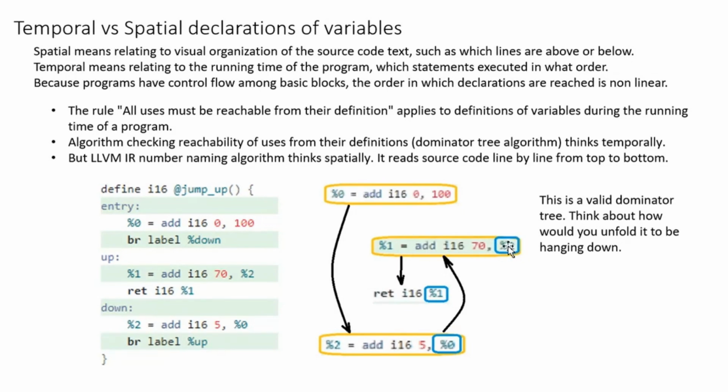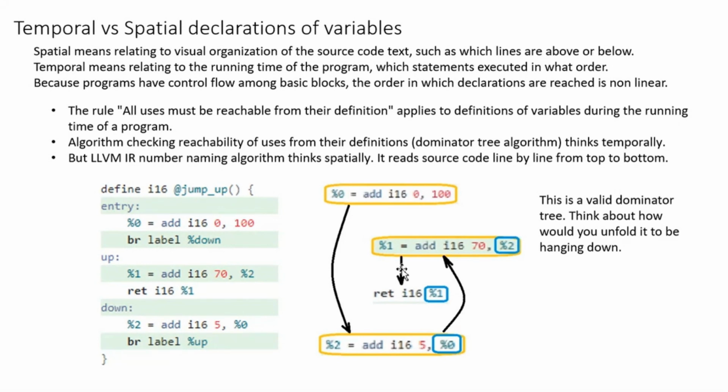So the algorithm checking the reachability of uses from their definitions, which is the dominator tree algorithm, thinks temporally, in terms of time, in terms of the program's execution. But the LLVM intermediate representation naming algorithm, the number naming algorithm, thinks spatially.